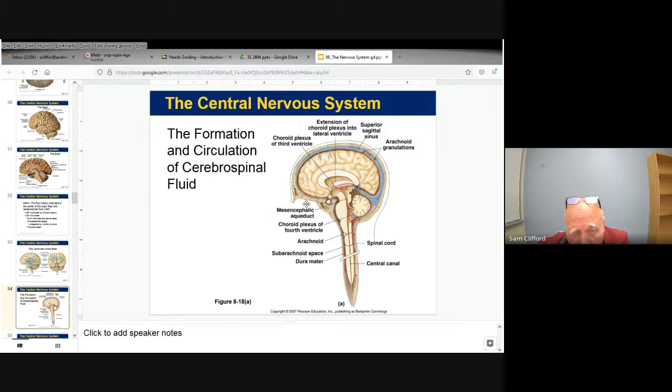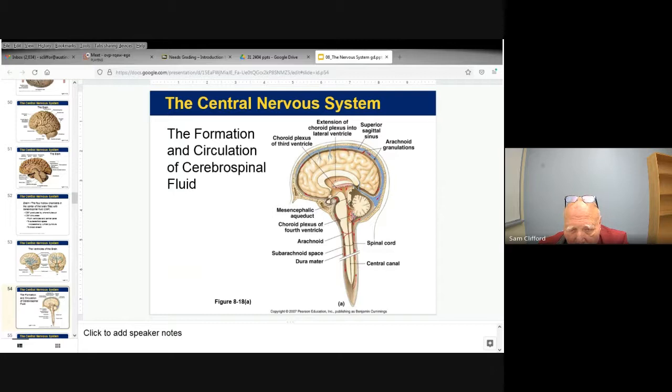In the circulation of the cerebrospinal fluid, you have something called the choroid plexus, which is an accumulation of blood vessels where cerebrospinal fluid is produced. You have these various sinuses where circulation takes place in the arachnoid layer, and that cerebrospinal fluid is also moving in and out of the spinal cord.